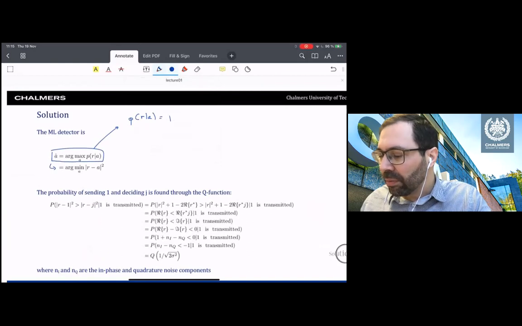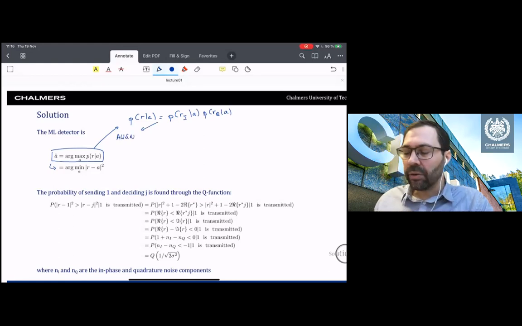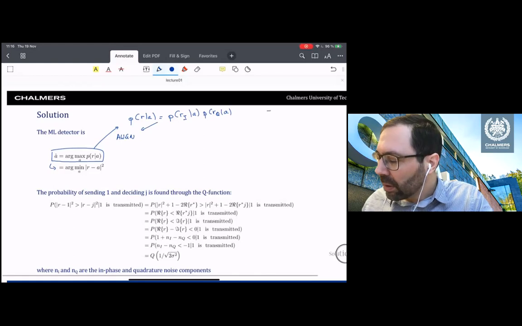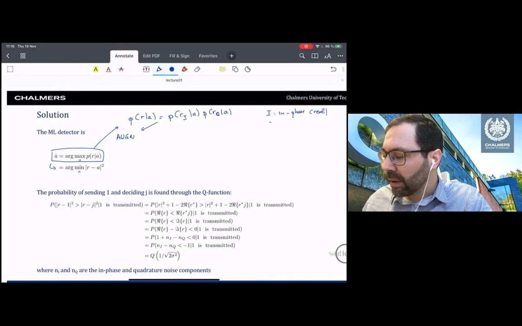So this is equal to P of the in-phase part of R given A, times P of the quadrature part given A. The reason is that you have white Gaussian noise, so it's independent in the real and imaginary part. When I write these I and Q, I stands for in-phase or real, and Q stands for quadrature or imaginary.